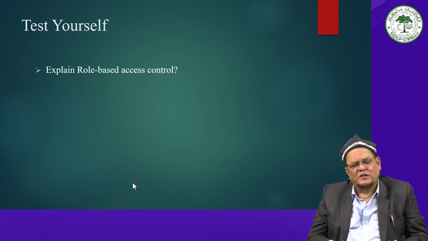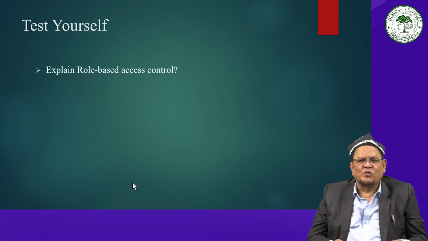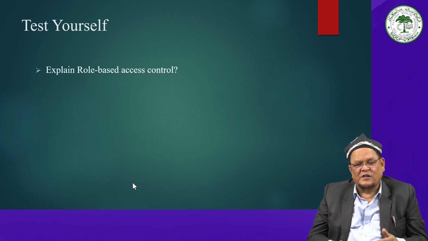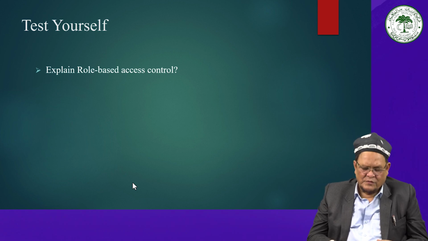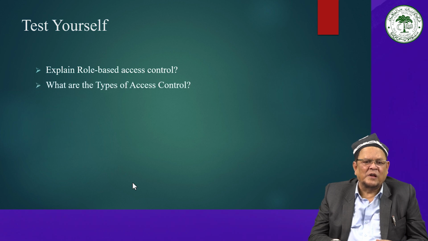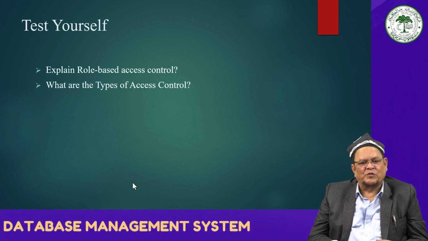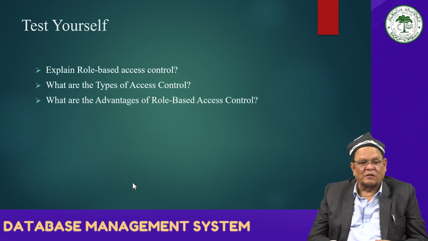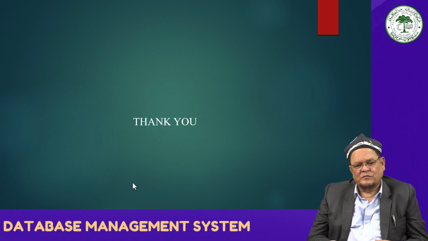After that, you are able to revise the lectures. So, the first question I am giving you: explain role-based access control. The next question is: what are the types of access control? Next is: what are the advantages of a role-based control system?